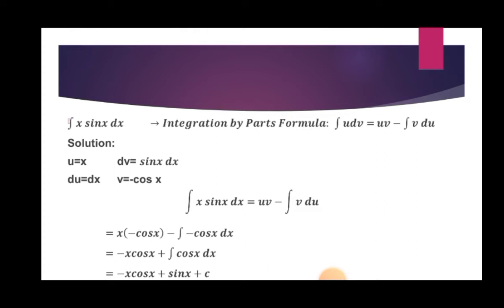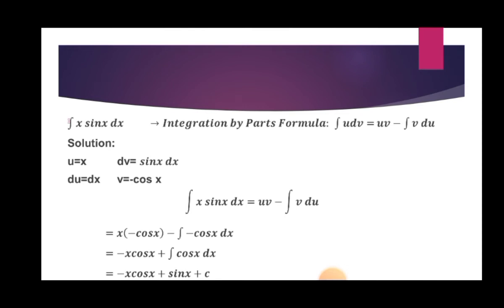Using that formula, we have x times negative cos x, which is uv, then minus the integral of negative cos x dx. Simplifying, we have negative x cos x plus the integral of cos x dx, and then our answer will be negative x cos x plus sin x plus c.